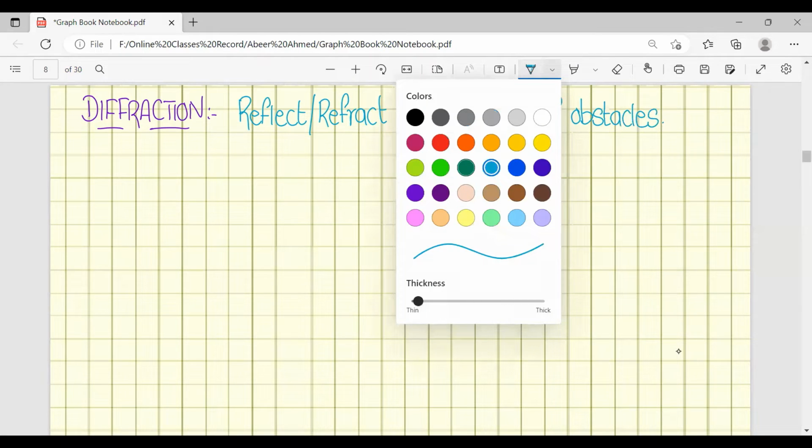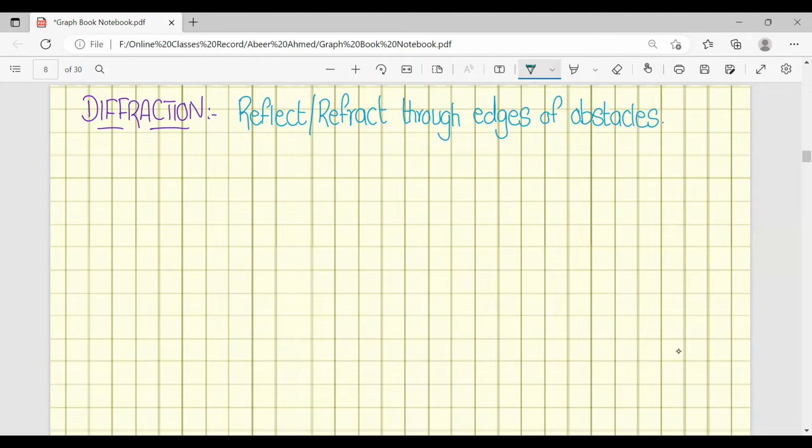So let's now illustrate a diagram of diffraction. And there are two types of diffraction, or you can say there are two possible states of diffraction in a ripple tank. Let's suppose the obstacles are placed in this orientation.